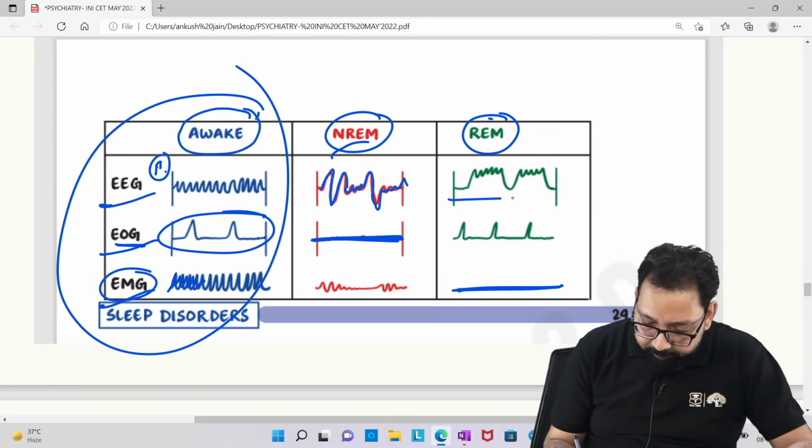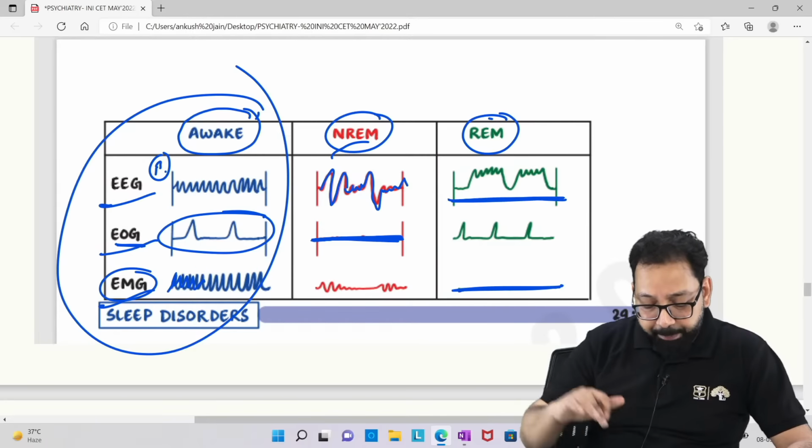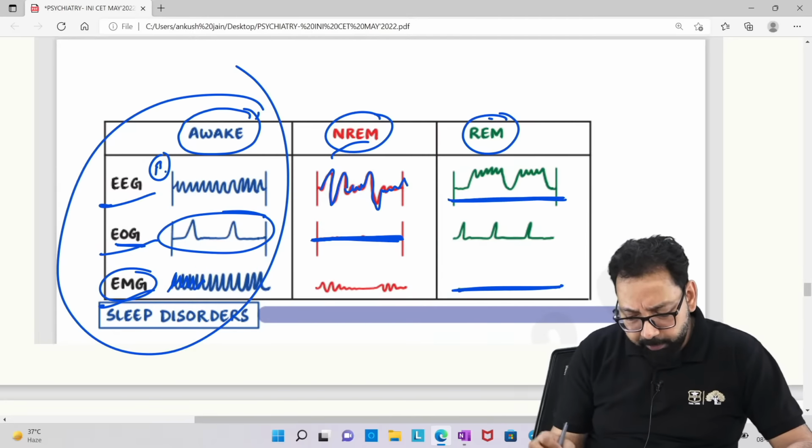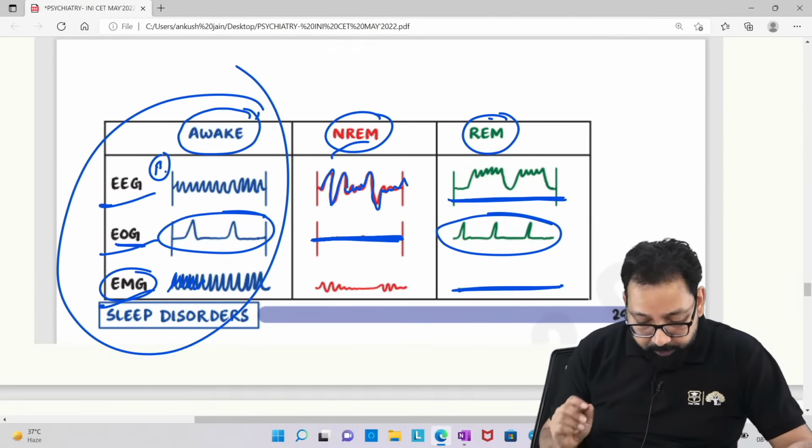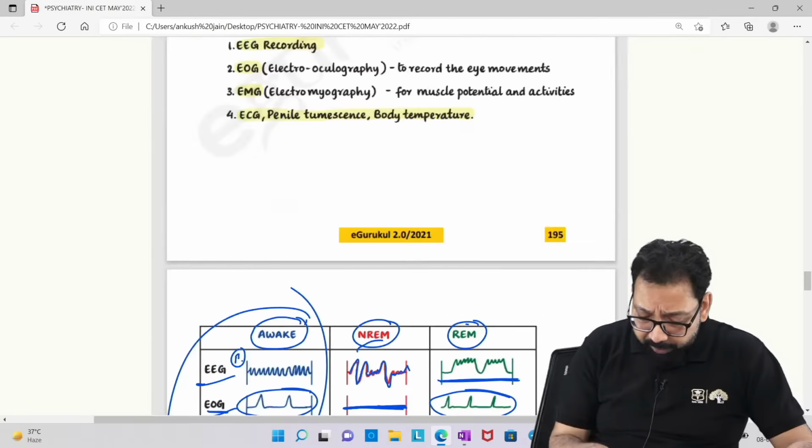And this is the sawtooth appearance, a mixture of alpha and beta waves, and eye movement would be there. So the electro-oculogram will show the eye movement. I feel that you must have understood.